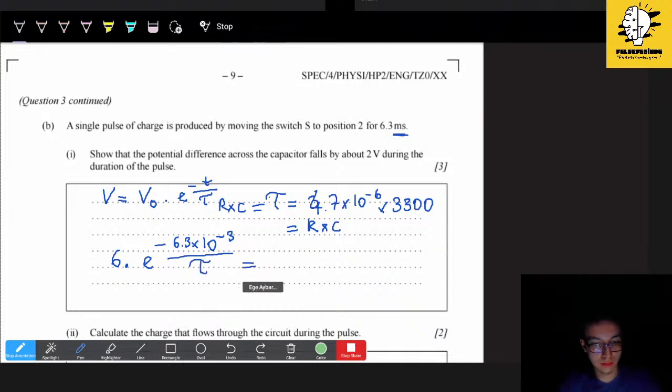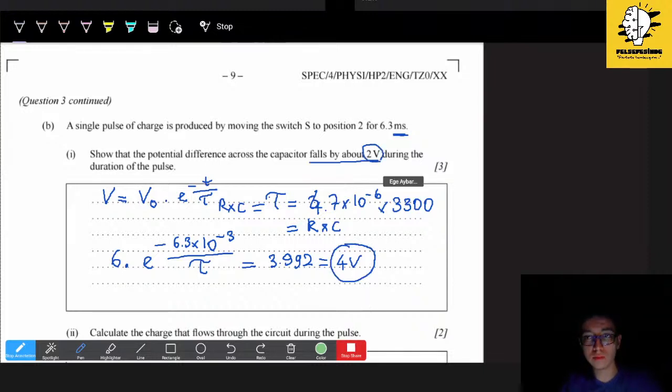And in this part, we find that it is around 3.992. It was like this, I think. And this is approximately 4 volts. And this is the voltage left on the capacitor, and it is saying it falls by about 2 volts. So we are going to just subtract it.